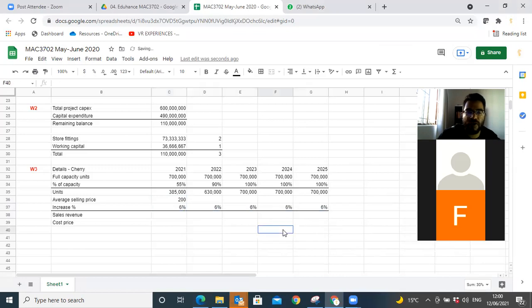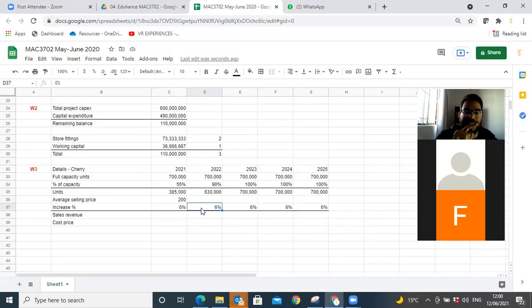What's important to take note is when does the price increase? If the 200 Rand was the price in 2021, the increase only happens from 2022.